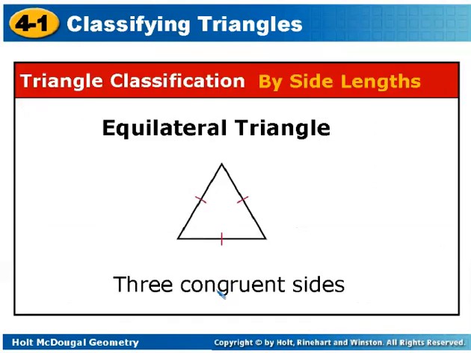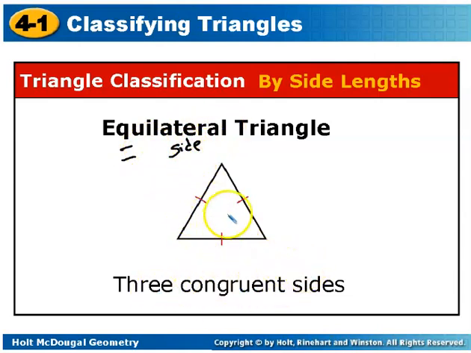All right, so let's go ahead and start talking about classifying triangles by their side lengths. I want to make note here on an equilateral, again, equa meaning equal, lateral means side. So we're talking about equal sides here. In an equilateral triangle, we have three congruent sides.